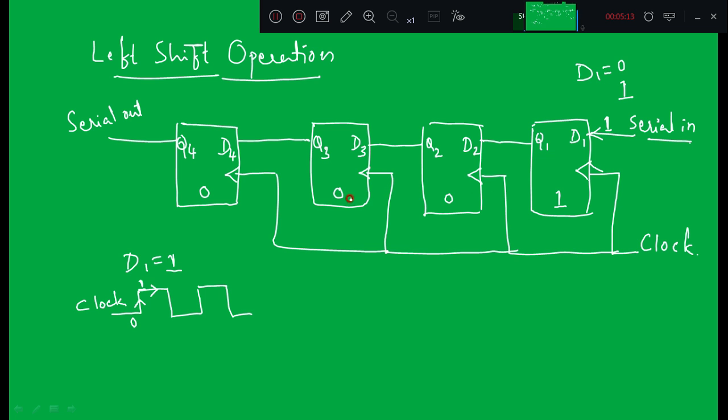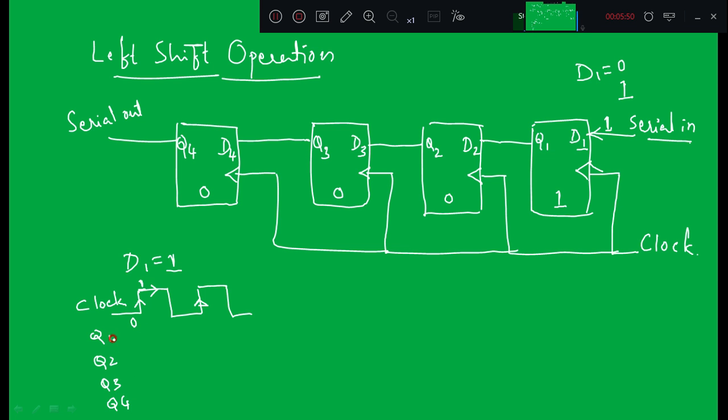Same data will be kept as it is in the remaining flip-flops, right? Since we have made only D1 equal to high, that means that high value or 1 is loaded into first flip-flop and other flip-flops are going to remain 0. Okay, next, let me take the same value for D1. So I'll keep D1 equal to 1. So when we apply the second clock pulse, here let me draw Q1, Q2, Q3 and Q4.